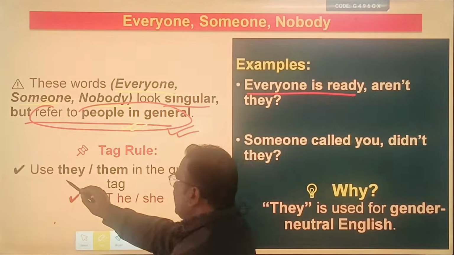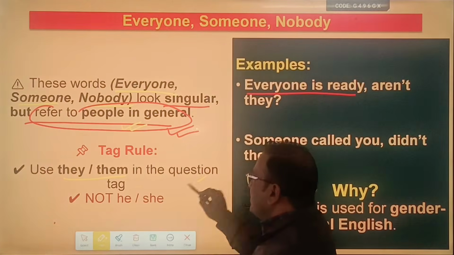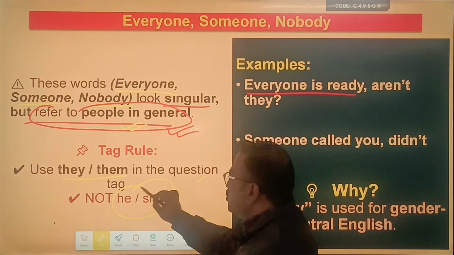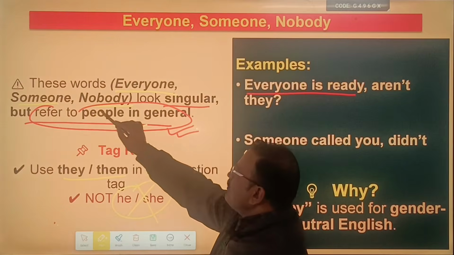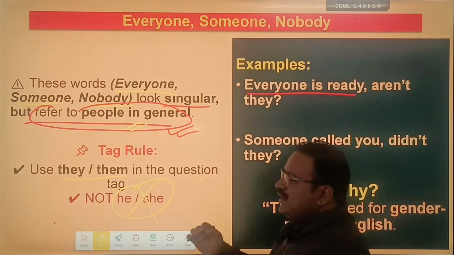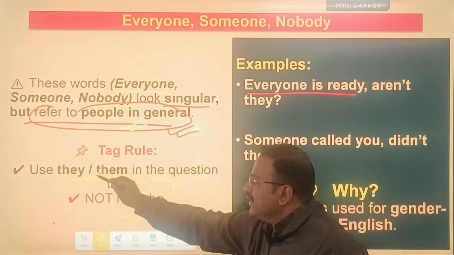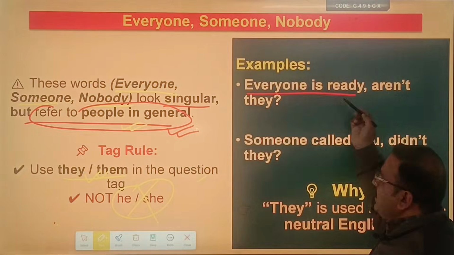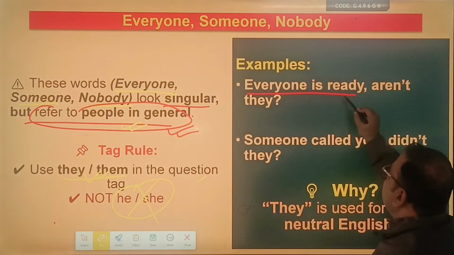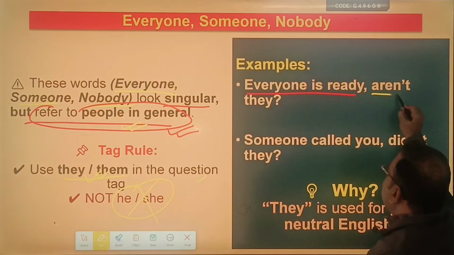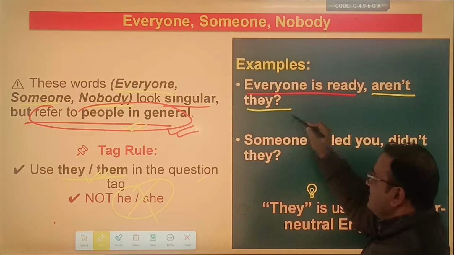So what is the rule? Use they or them in the question tag, not he or she. So someone, nobody, everyone will take what? They, not he or she.